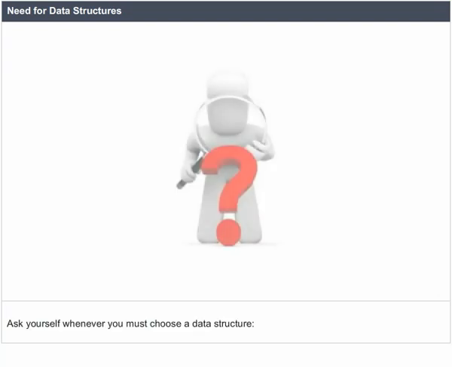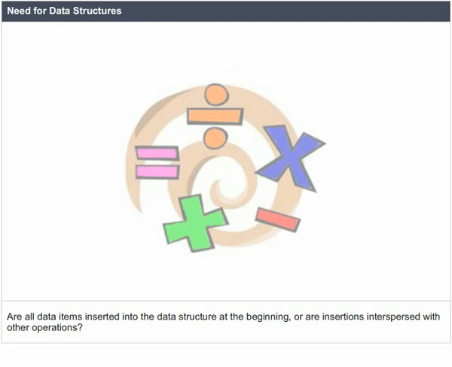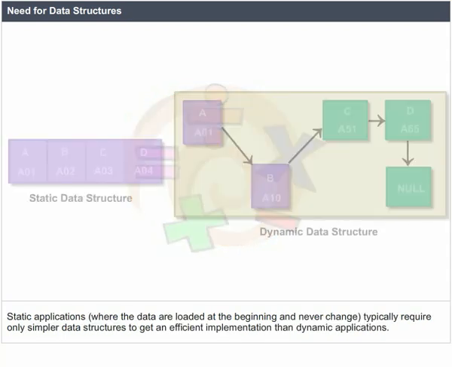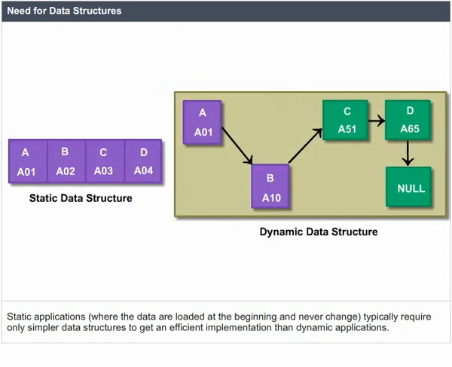Ask yourself whenever you must choose a data structure, are all data items inserted into the data structure at the beginning, or are insertions interspersed with other operations? Static applications, where the data are loaded at the beginning and never change, typically require only simpler data structures to get an efficient implementation than dynamic applications.